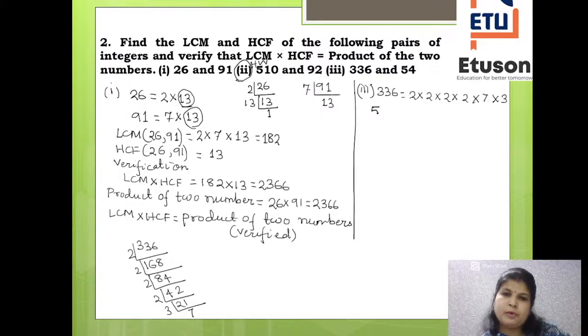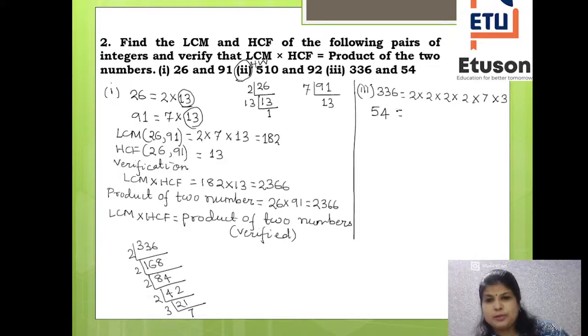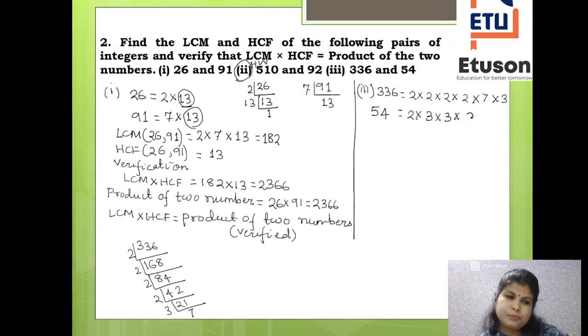So 54, I think you can write directly, because we know that 54 is 9 into 6. For 6 you can write 2 into 3, and for 9 you can write 3 into 3. So 54 is equal to 2 into 3 into 3 into 3.